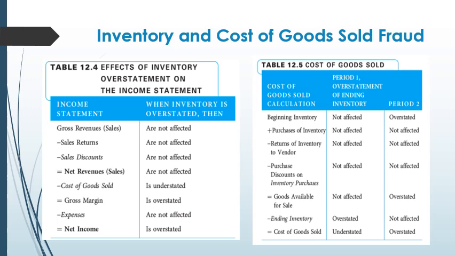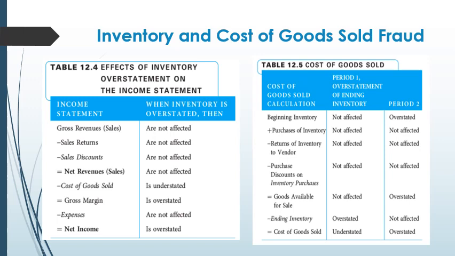What makes this interesting is that manipulating inventory is very difficult to maintain because it also affects the next period. Looking back at the cost of goods sold calculation, you can see that if ending inventory in period 1 is overstated, then beginning inventory in period 2 will be overstated, making goods available for sale and cost of goods sold overstated in period 2.